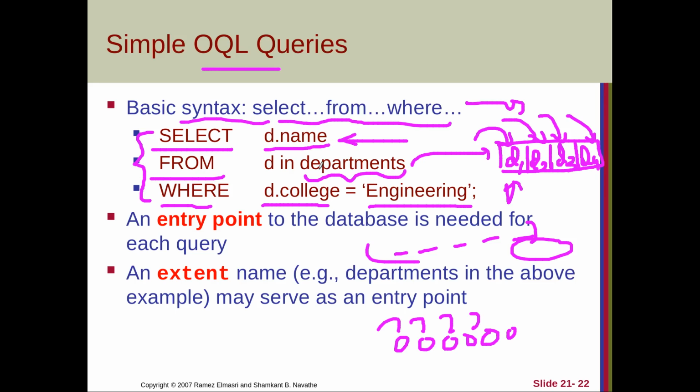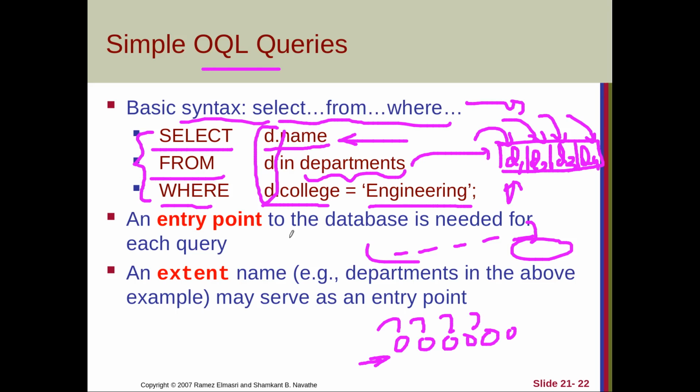So select D dot name from D in departments where D dot college is equal to engineering. The engineering department will be selected according to the condition. So D is the iterator variable. We will see some more description about this D later.